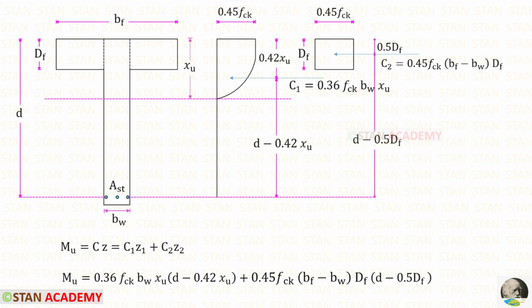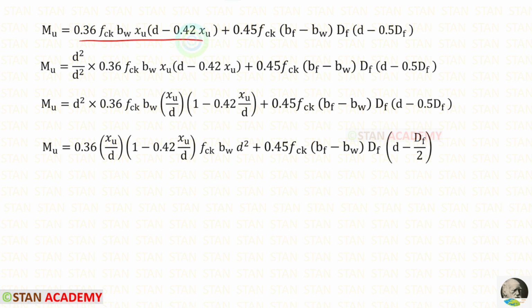The formula to find the moment of resistance is compressive force into lever arm, but here there are two parts. So the formula will be C1 Z1 plus C2 Z2, C1 into Z1 plus C2 into Z2. With this term, we can multiply d square upon d square.